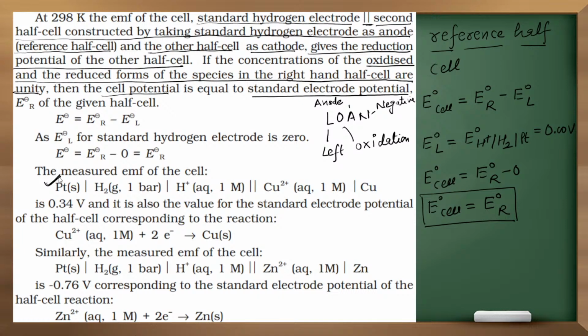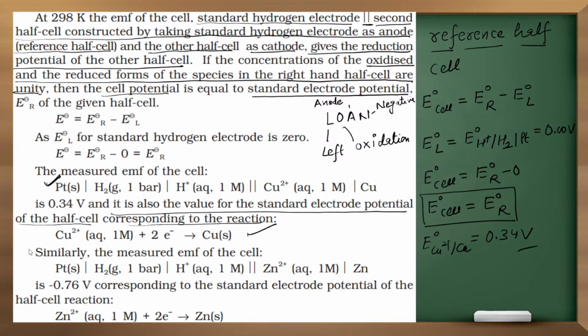We have to frame a cell first, because calculating the reduction potential of a single electrode is impossible. This value is 0.34 volt for E naught Cu 2 plus Cu. It is also the standard electrode potential of the half cell corresponding to the reaction.